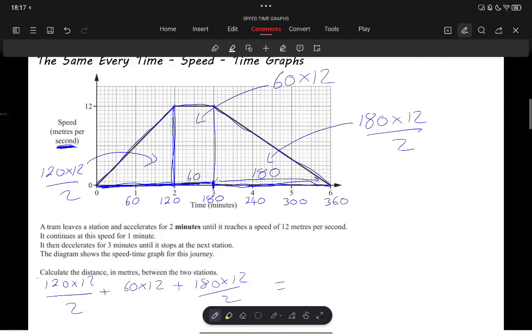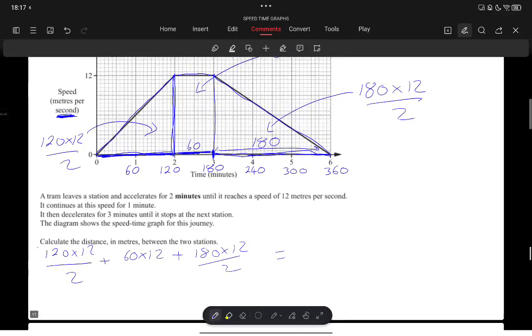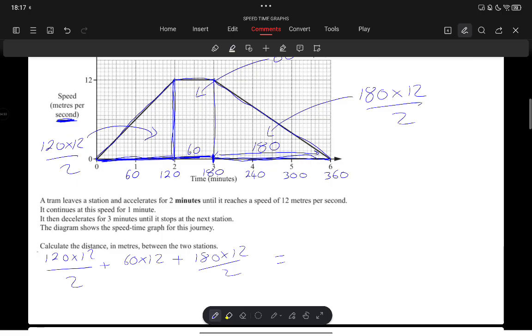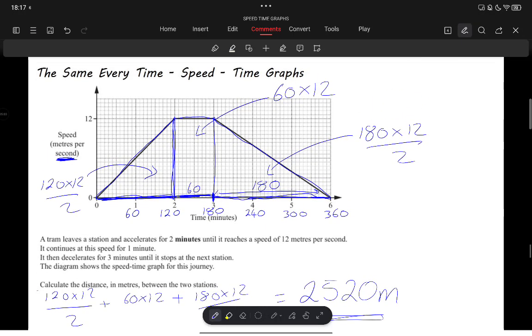So 120 times 12, divide by 2, plus 60 times 12, plus, and finally 180 times 12, divide by 2. And that gives me 2,520. So the distance in meters between the two stations is 2,520 meters.